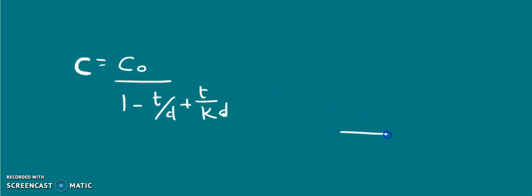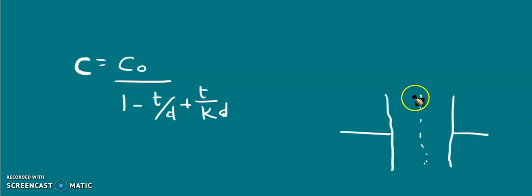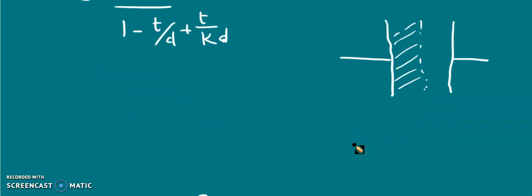So now here we discuss a parallel plate capacitor with half the region between the plates filled with the dielectric material and the other part filled with air. So in this case we can see that T is equal to D by 2.